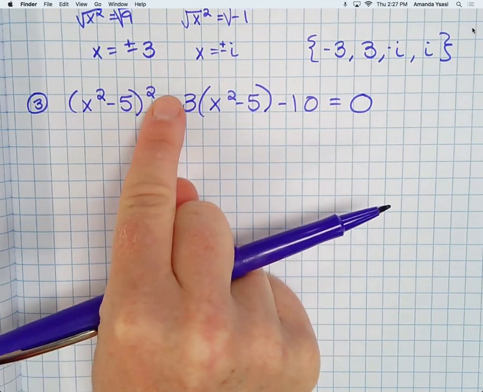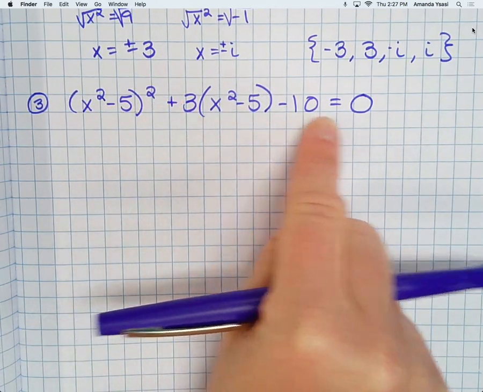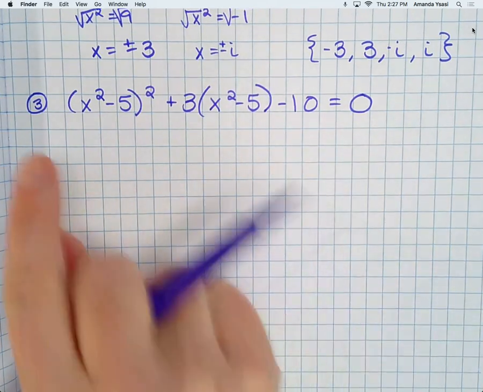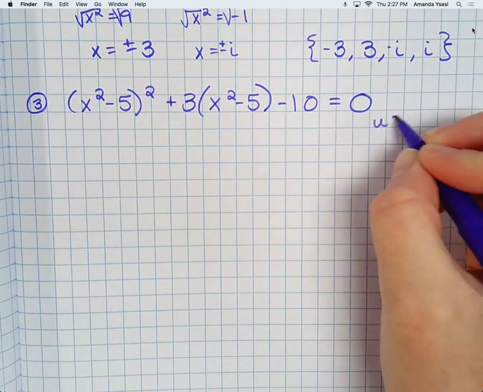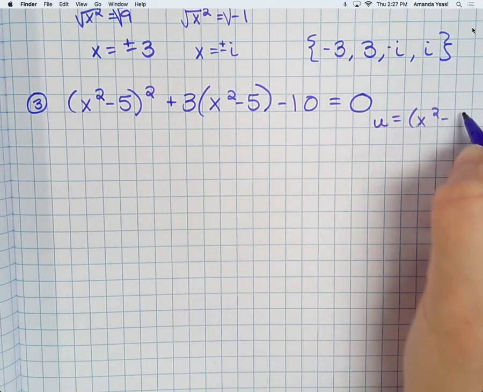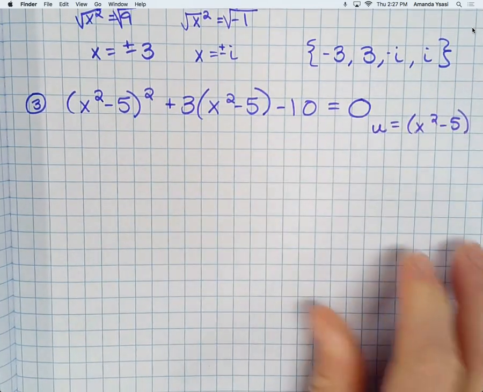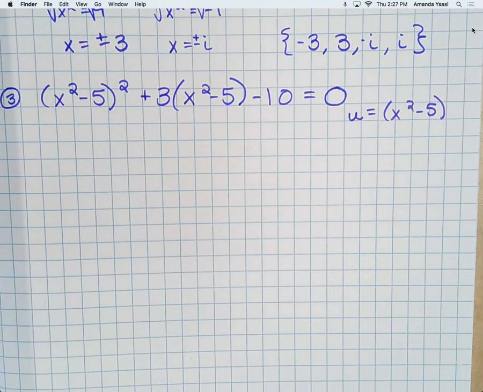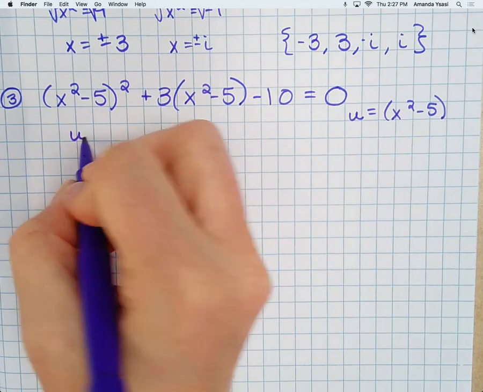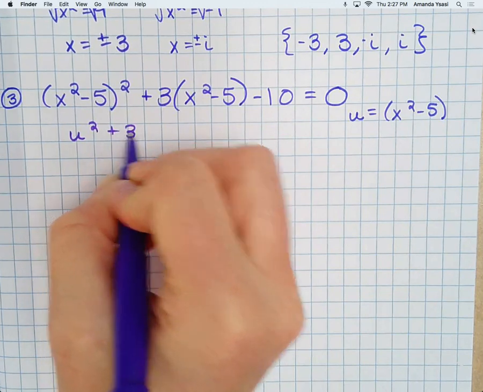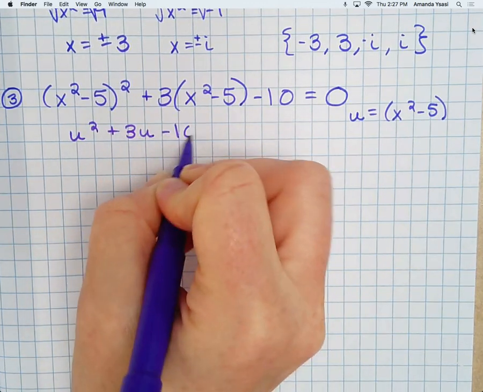This is something squared plus 3 something minus 10. So that means we are going to make our u be x squared minus 5. So we'll rewrite the equation with u. So u squared plus 3u minus 10 equals 0.